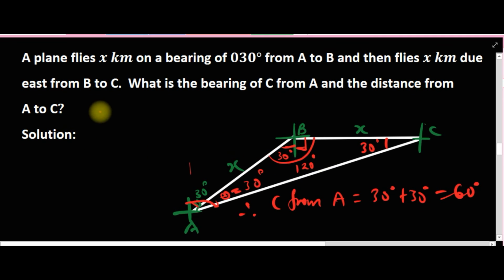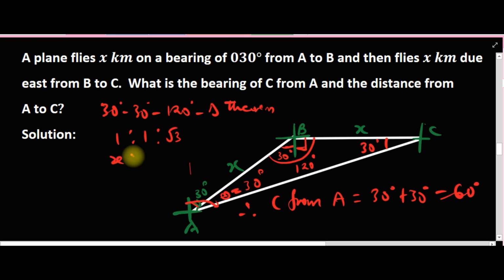There's what we call the 30-30-120 triangle theorem: the ratio of the sides of any 30-30-120 triangle is 1:1:root 3. It's a powerful theorem. Meaning that if here is x, here is x, whatever is here must be x root 3. So our answer, the distance, is x times root 3.